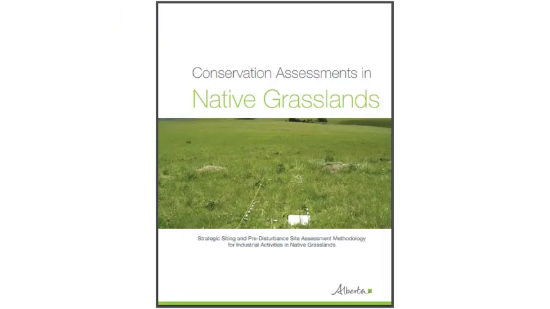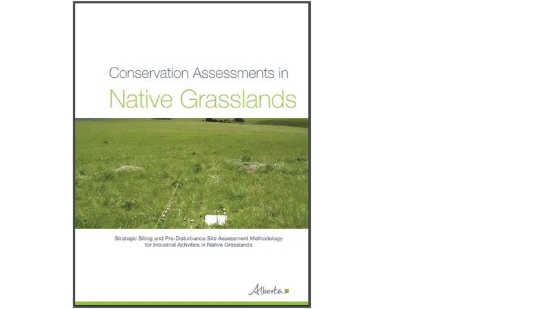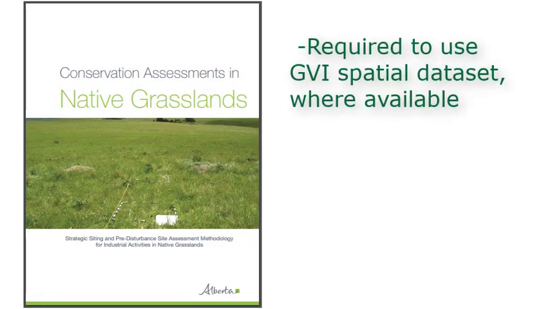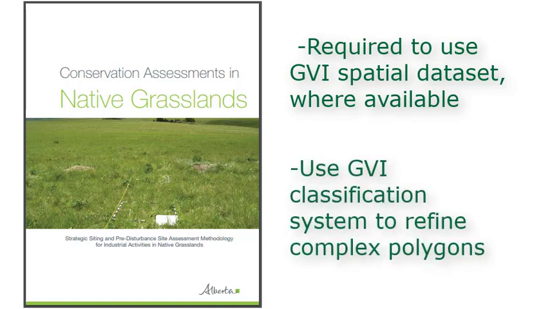The Government of Alberta published the Guide for Conservation Assessments in Native Grasslands in 2018. Proponents are required to utilize GVI, if available, for their project area. They are also required to map GVI to fill in any gaps, or refine mapping to an appropriate scale, by mapping complex polygons at a finer scale.